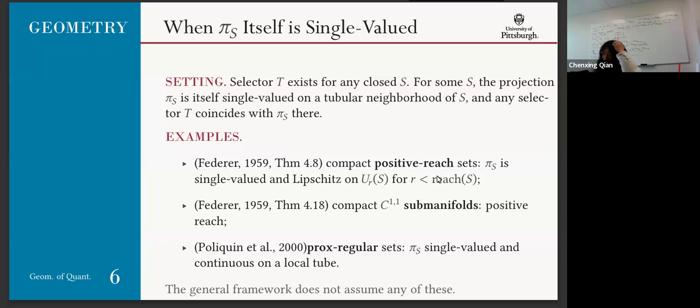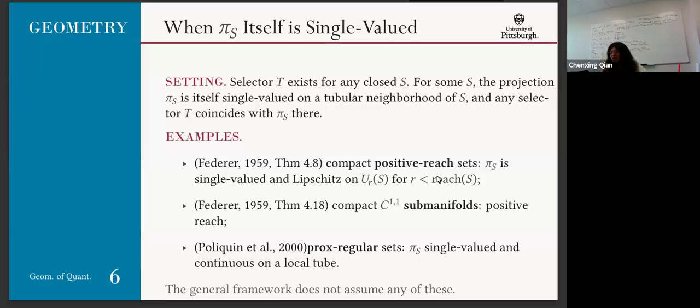Another important case is a convex set. Yes, it's Hilbert space 101, right? A convex closed set has a single valued projection, and the projection is also 1-Lipschitz.